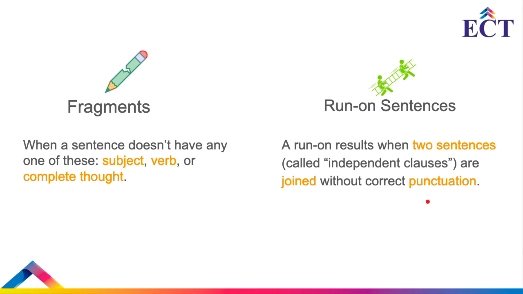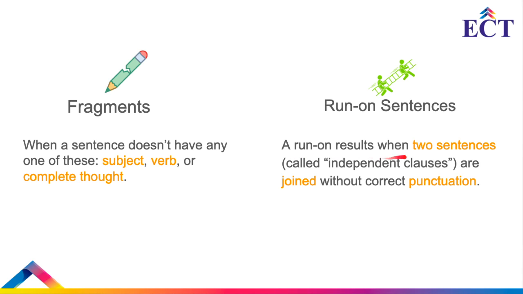So fragments are, let's see these things. These two are completely opposite of each other. Fragments, as you can see, this is a broken pencil here. When a sentence does not have any one of these, subject, verb, or a complete thought, you have missed something, and that is why it is not complete. Whereas run-on sentences are like two sentences running together inappropriately.